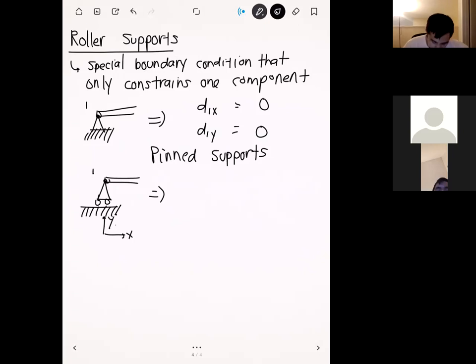In this form, since the roller is perpendicular to the Y direction, you can say that D1Y is equal to 0, while the structure is still free to move in the X direction. That's because the roller is only preventing motion into the wall. And so these are roller supports.